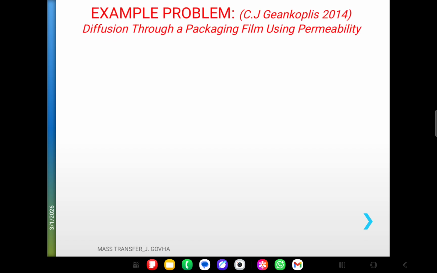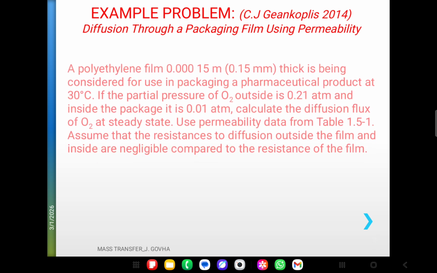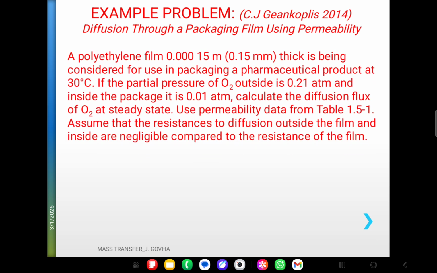So let's look at an example problem. A polyethylene film 0.15 millimeter thick is being considered for use in packaging a pharmaceutical product at 30 degrees.